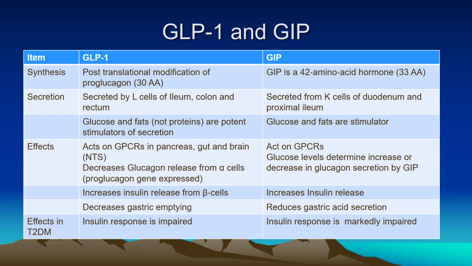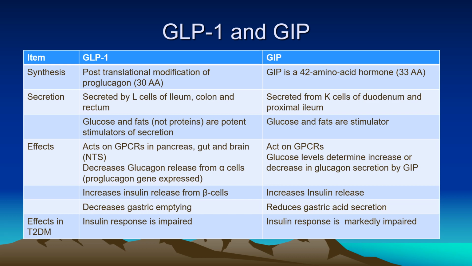GLP-1 is secreted by L cells of the ileum, colon, and rectum, whereas GIP is secreted by K cells of the duodenum and proximal ileum. Therefore, secretory sites are different in the gut. Glucose, fats, but not proteins are the potent stimulators of the secretion of GLP-1, whereas glucose and fats are stimulators for GIP.